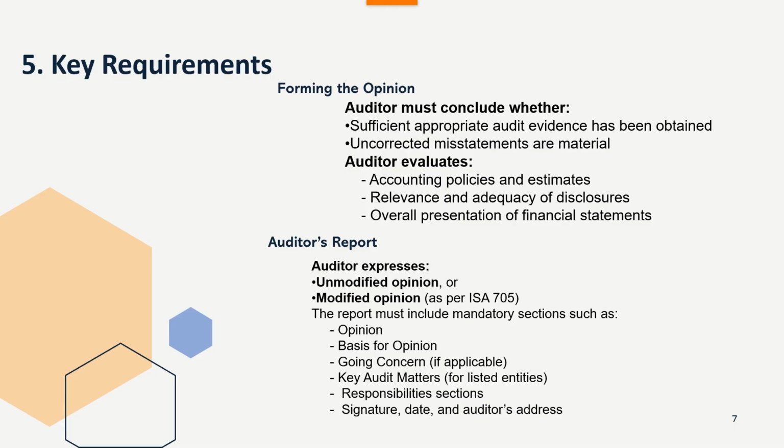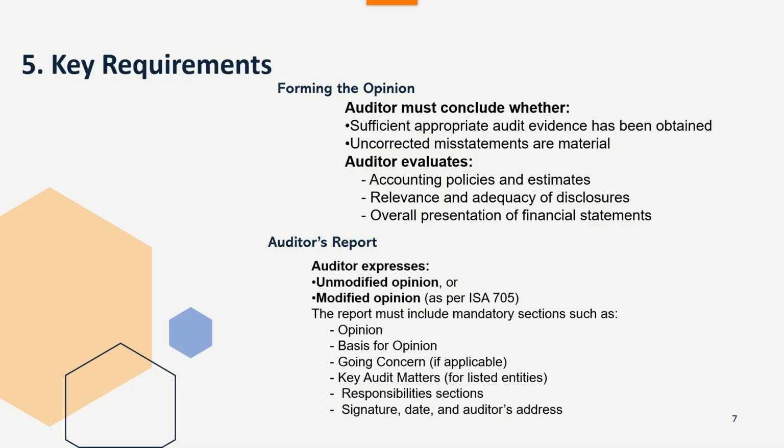While forming the opinion, the auditor evaluates different things like the appropriateness of accounting policies, the reasonableness of accounting estimates, the relevance and adequacy of disclosures, and the overall presentation of the financial statements. Based on the evaluation, the auditor issues either an unmodified opinion or a modified opinion, which is covered under ISA 705.